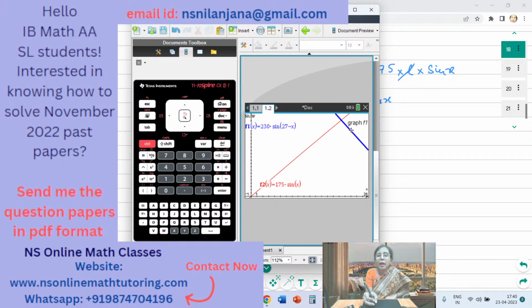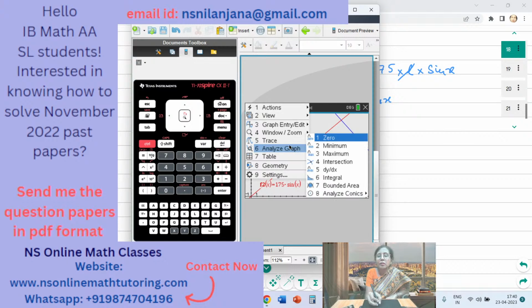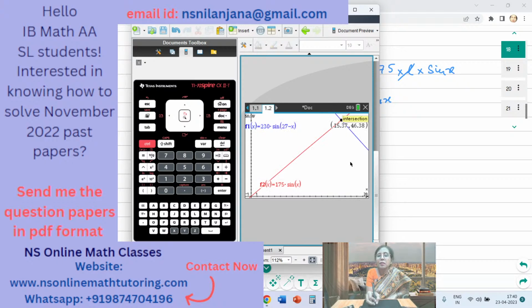So I have to get the intersection point, and I have to do analyze graph. Analyze graph, intersection point: so x equal to 15.37. Let us take 15.37.